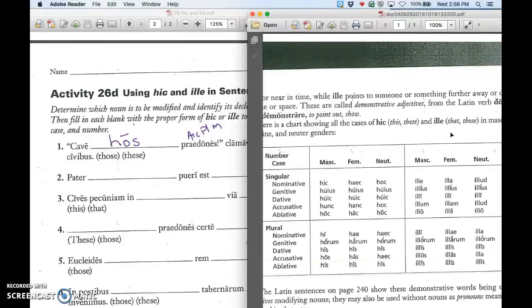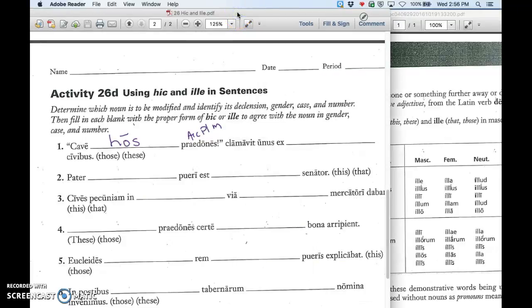Okay. And then we need to look at the other one, and we can see that they want "these." And so we have ex civibus. So obviously it's describing civibus here. And so we have an ex, which tells us that this civibus is ablative. Also, because we're looking for those, you might want to underline it here.